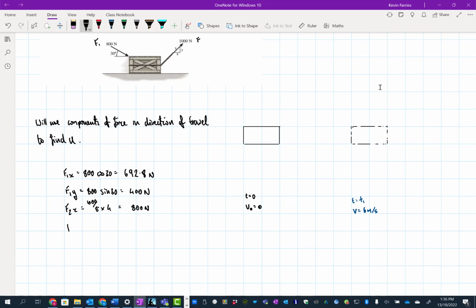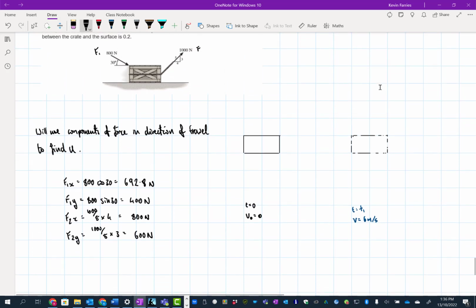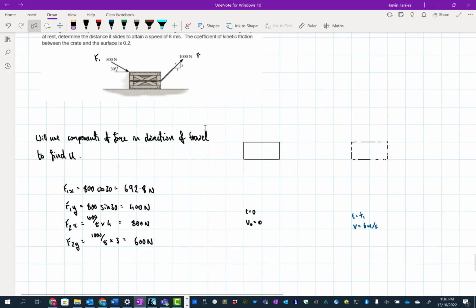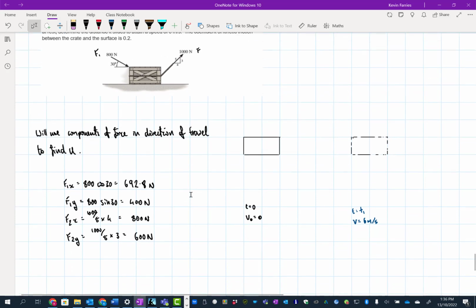And then F2y, it's 1000 divided by 5 times 3, which is going to be 600 newtons. And usually in any problem I would give, both of these will be angles. I don't use these 3, 4, 5 rules in my exams or in my questions, but this is taken from a textbook. So where are we going next?